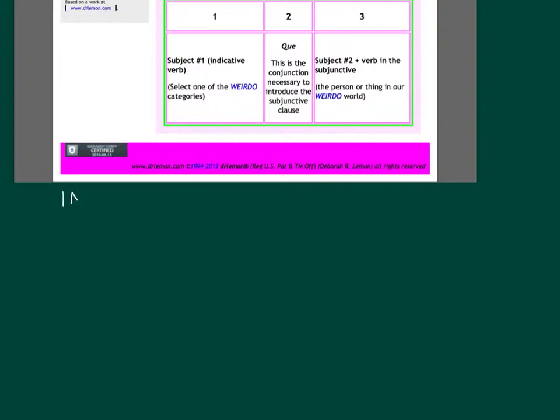So in order to be subjunctive, it has to satisfy all three of these requirements.